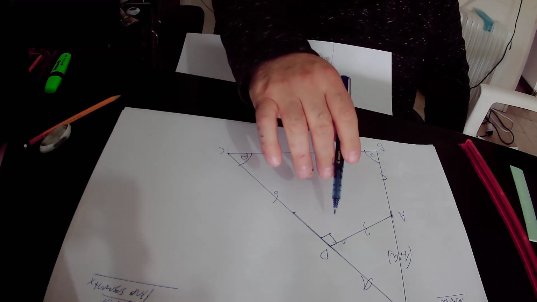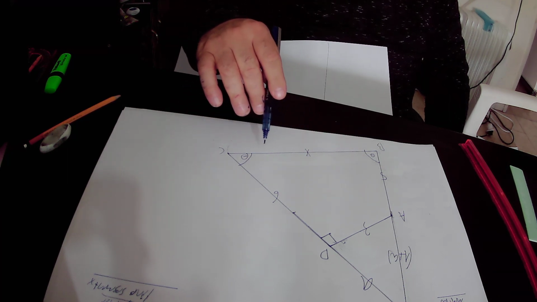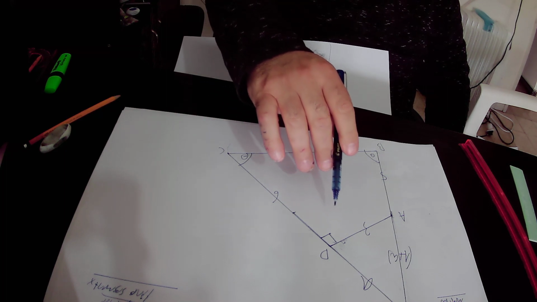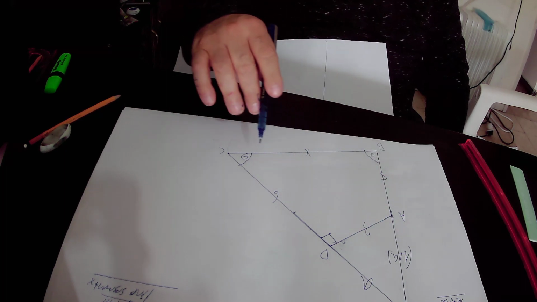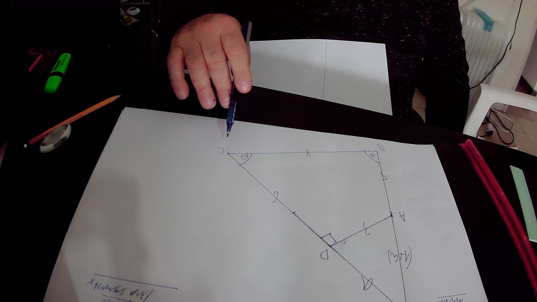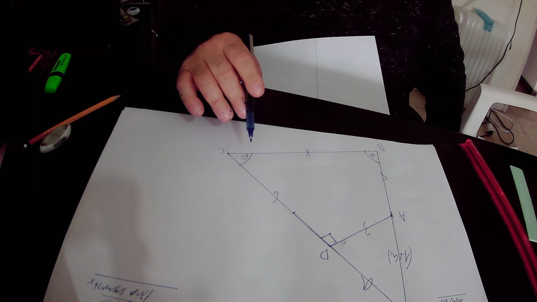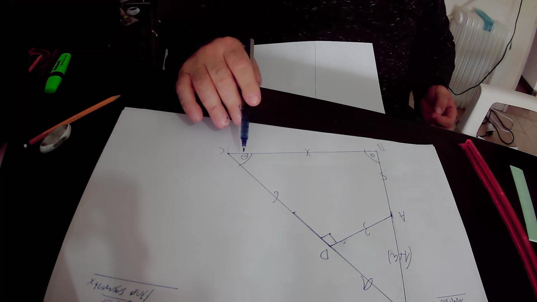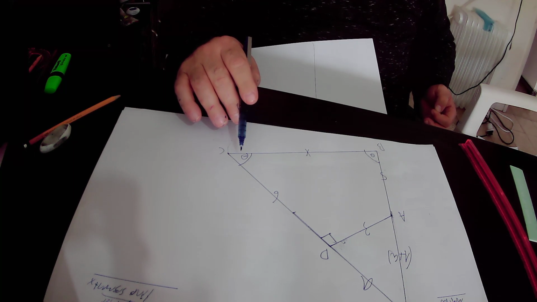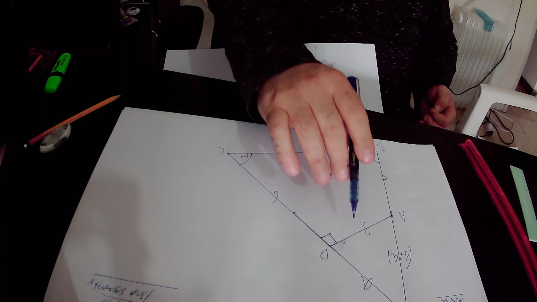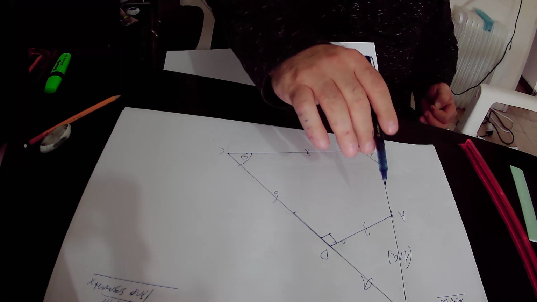So CD is a straight line, and then when we extended the straight line CD by a straight line, we got line segment CE, that must also be a straight line. Why? Because when you extend a straight line by a straight line, the result must be a straight line.